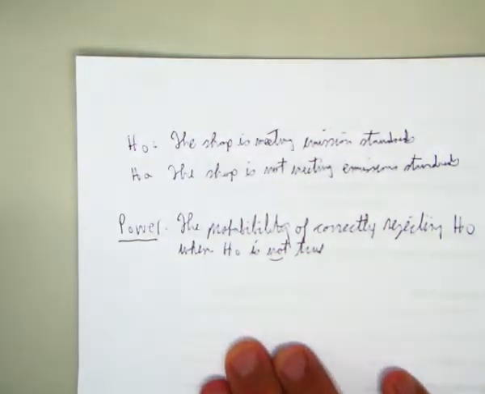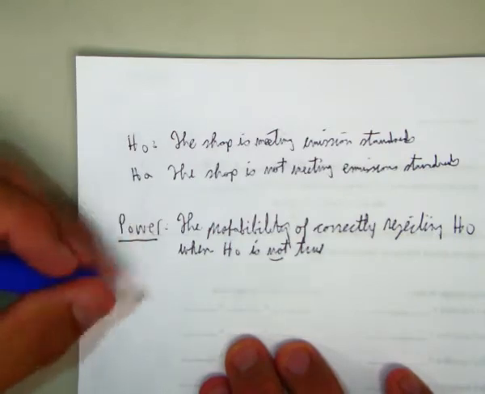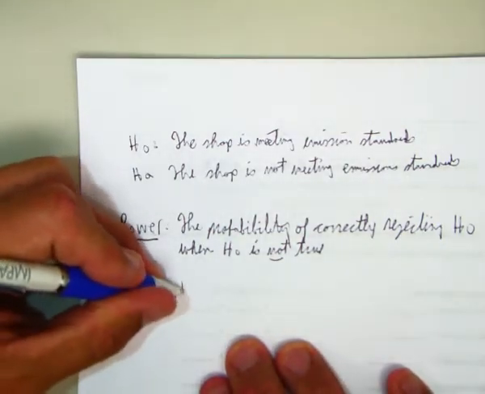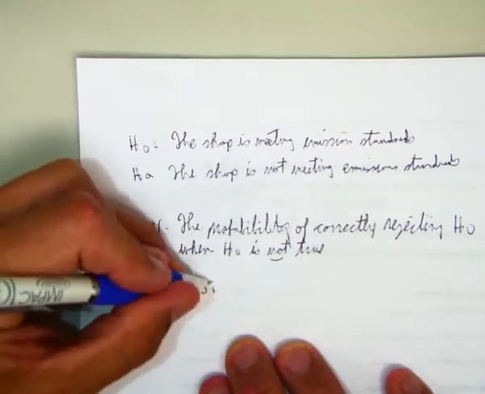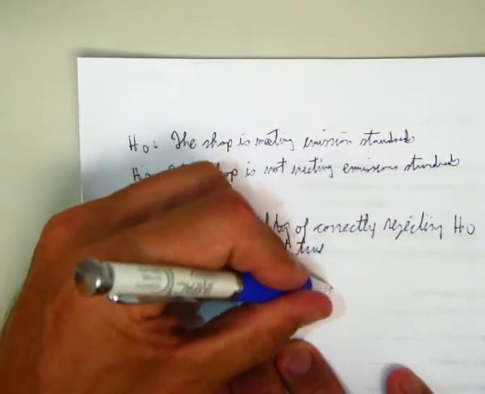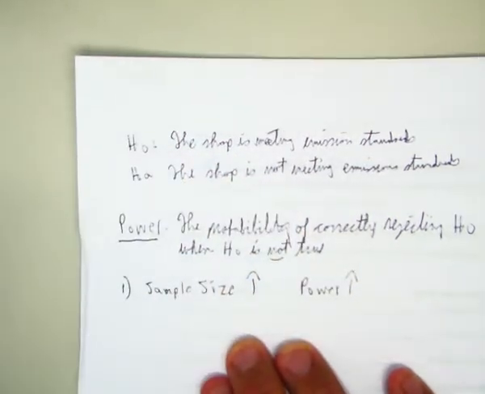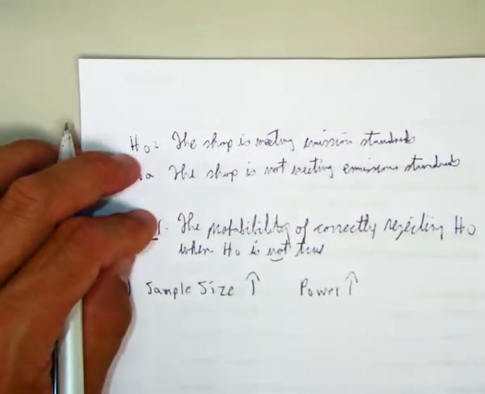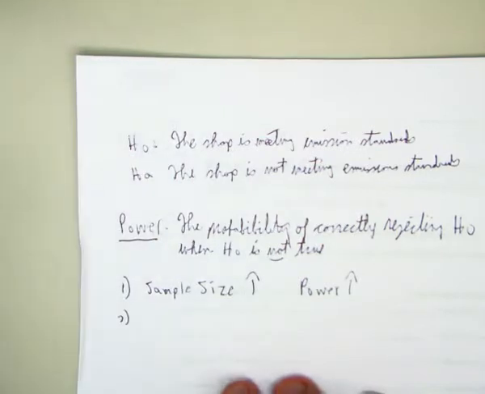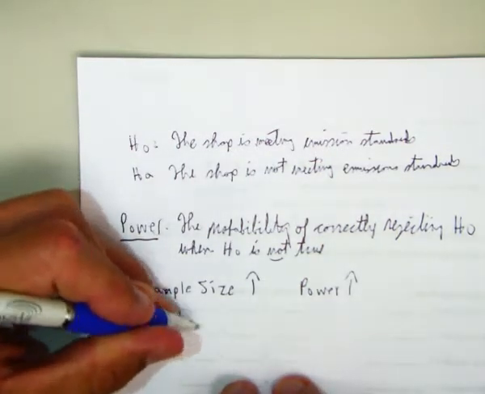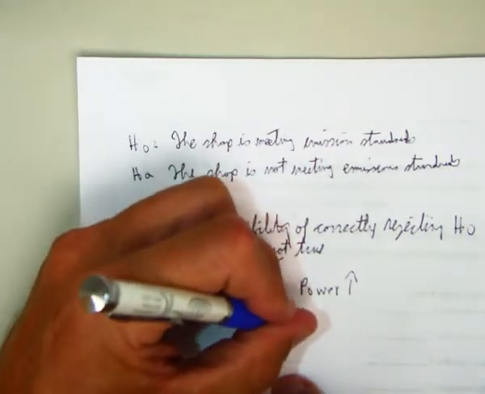Okay? Now what affects power? There's four things. Sample size. When sample size increases, power increases. Second thing is the level of proof. That's alpha. So when alpha increases, power increases.